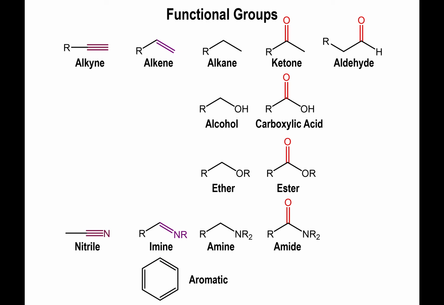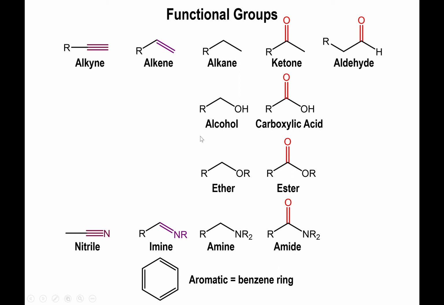The last functional group that I should mention to you is the aromatic functional group, which is best represented by the hexagonal structure here with three alternating double bonds known as benzene. And you'll do well to remember the benzene ring because we're going to use it in many different examples in the future. So this is an important group.